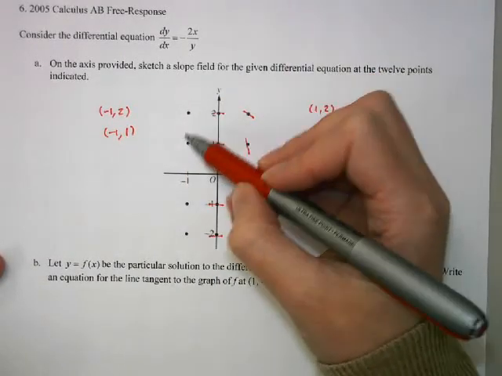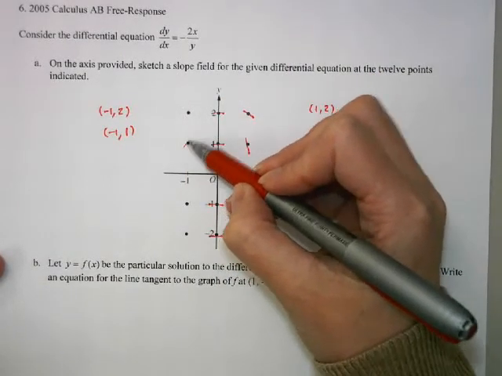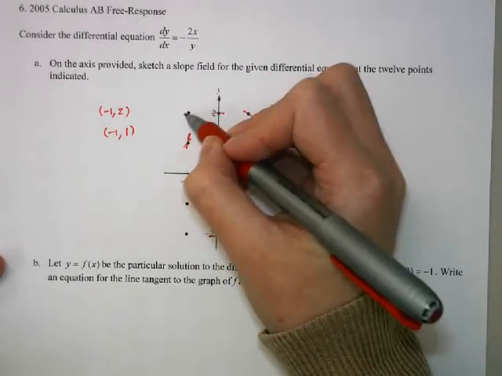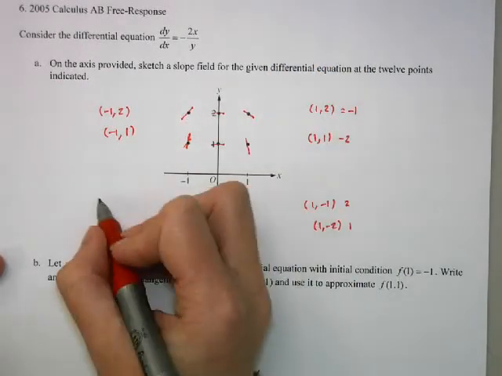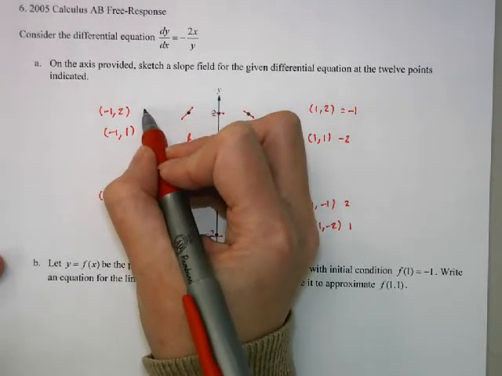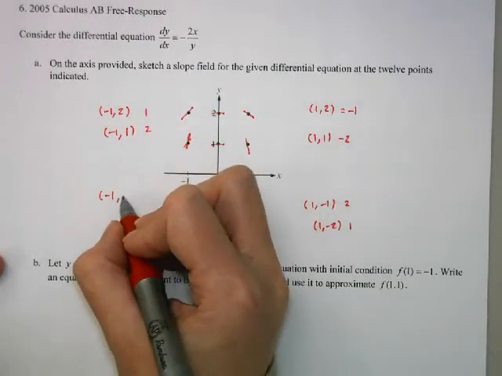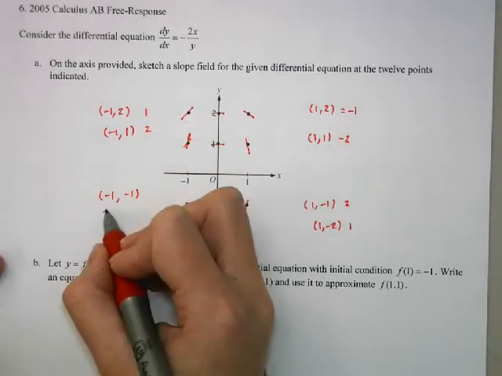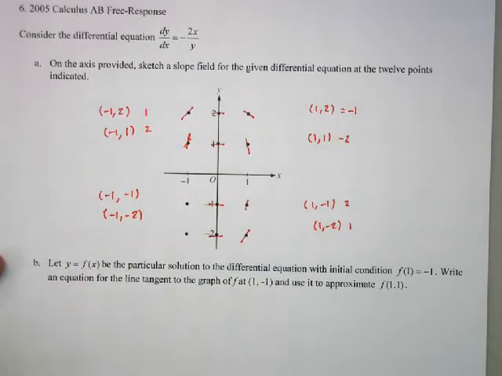Okay, so similarly, this is going to be a positive 1, sorry, positive 2 and positive 1. And then here, negative 1, negative 1, negative 1, and negative 1, negative 2.